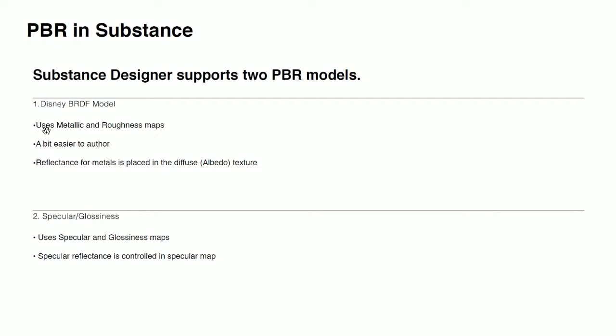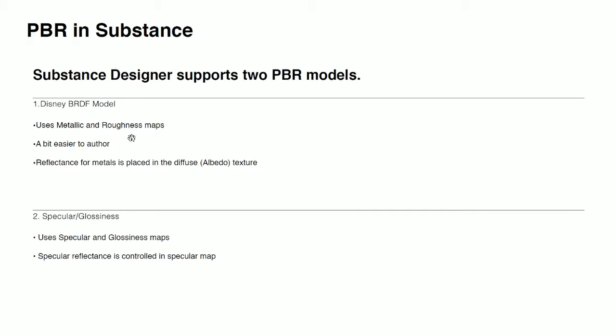So what is this? It uses what's referred to as a metallic and a roughness map. This model is quite a lot easier to author, in my opinion. As you'll see when we get into the texture guidelines, hopefully you'll agree it's a lot easier to work with. The other thing about it is that the reflectance value for metals is placed in the diffuse or albedo texture.